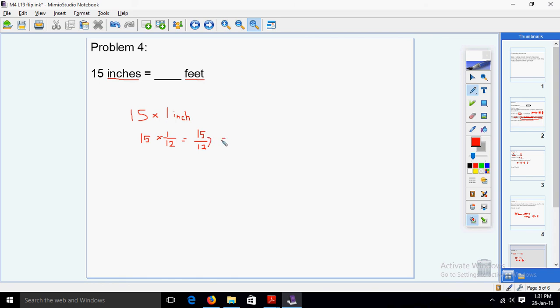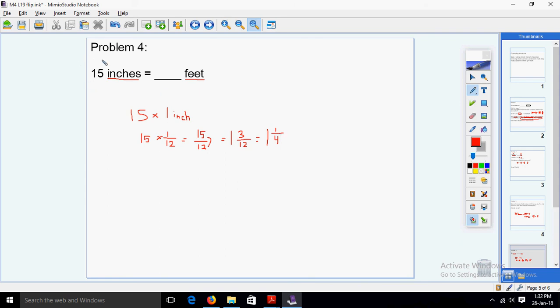So I'm going to show that as my whole number, 1, and then show what's left over. 15 take away 12, I get 3 over 12, and I'm going to simplify here because 3 over 12 can turn into 1/4. Don't forget your 1 whole number. And our answer is 15 inches is equal to 1 1/4.